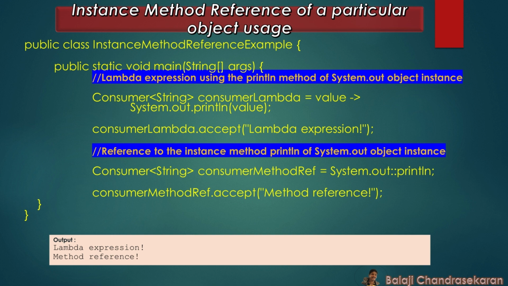In this example, System.out::println is a reference to the instance method println of the System.out object. This reference is then assigned to a consumer that takes a string as input. When the consumer's accept method is called, it invokes the println method of the System.out object to print the input string.